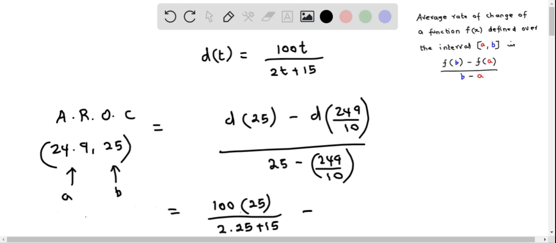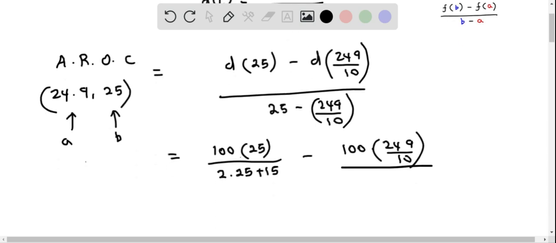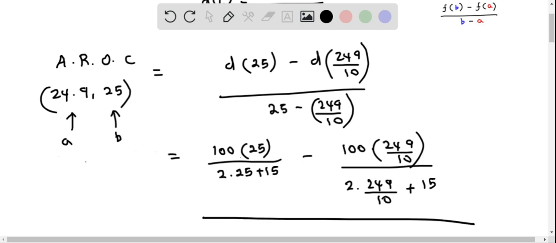Minus, now replace t by 249 over 10. So it becomes 100 times 249 over 10, and this is over 2 times 249 over 10 plus 15, and this is all over 25 minus 249 over 10.